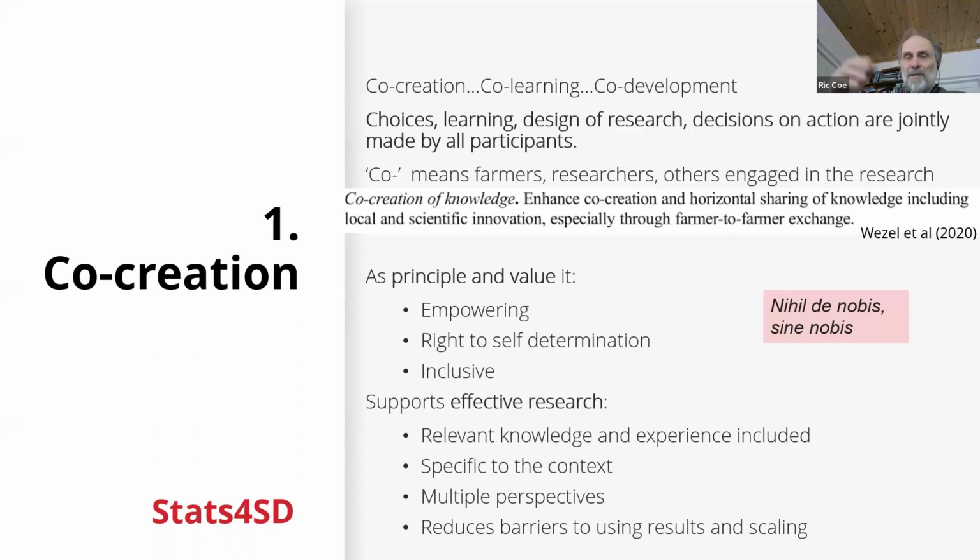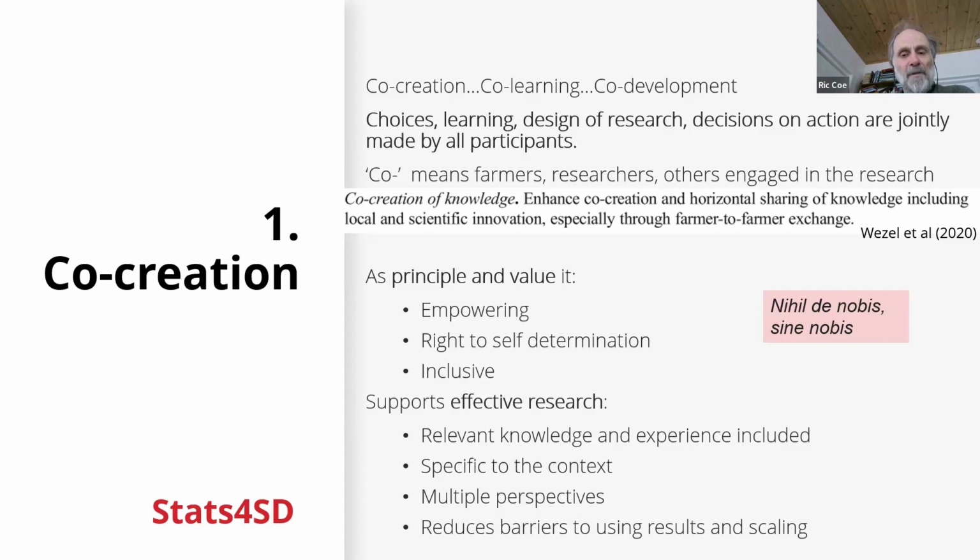You can look at a new variety of sorghum and say, this performs very well. But your perspective as a researcher is only one possible perspective. Somebody else might come to a very different conclusion. We say it doesn't get diseases and gives a high yield. They say, yeah, but it's really difficult to thresh and it tastes horrible. So multiple perspectives give you new insights as to what's really going on.